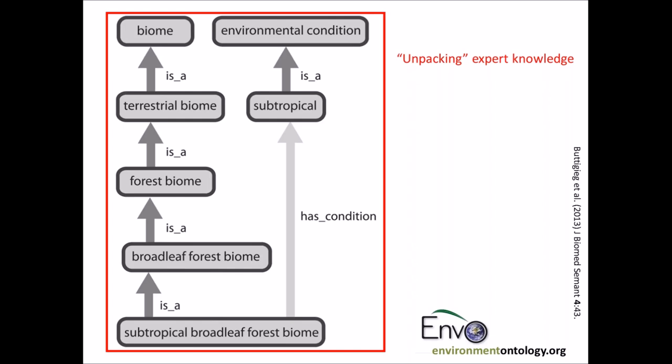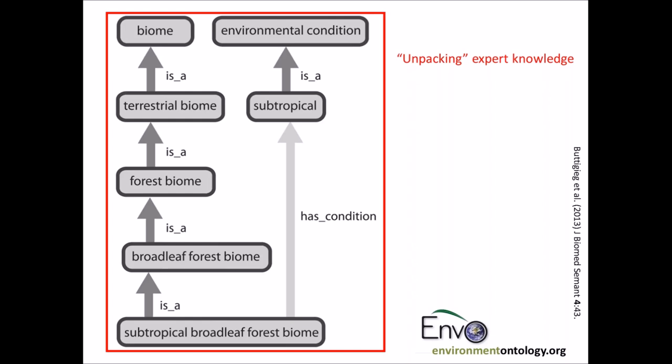So here at the very bottom, we see the class subtropical broadleaf forest biome. It has a planetary condition, subtropical, describing the climatic zones. And then it belongs to a hierarchy of biomes working up through other kinds of broadleaf forests, where our bottom class is differentiated by having that subtropical condition, then to forests in general, terrestrial biomes in general, and finally into a top-level class that is simply biome.